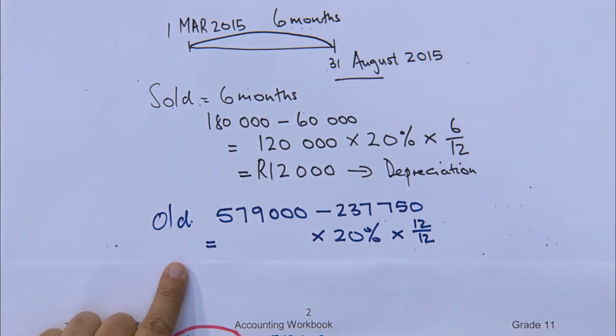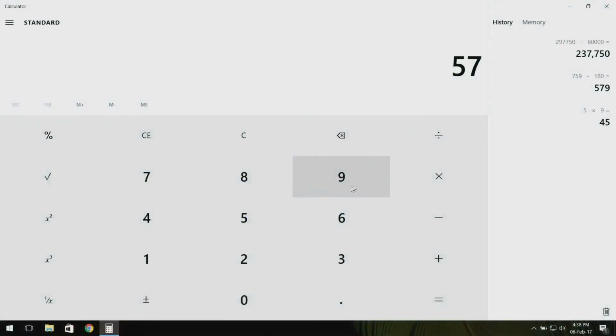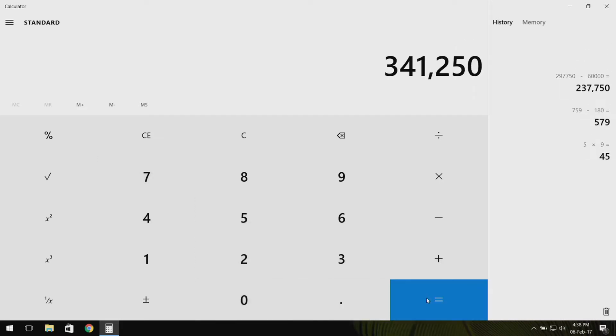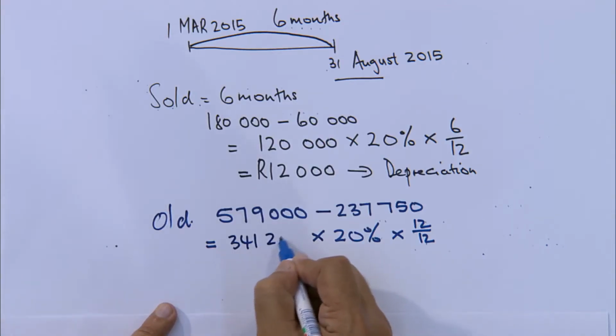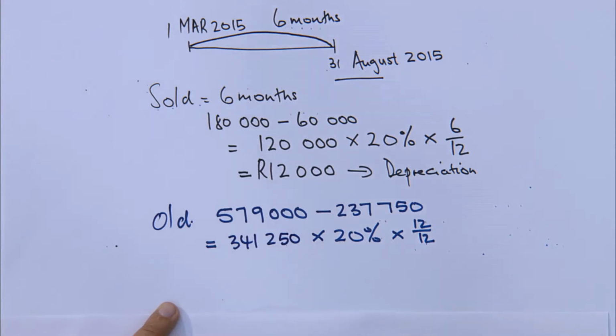Right, so for that we'll just go to the calculator quickly. It'll be 579,000 minus 237,750. Right, that gives me 341,250.